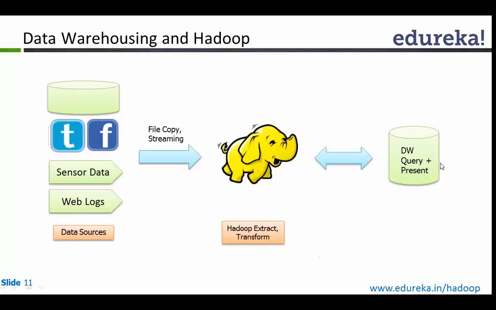You don't need high-end machines or vertically scaled machines. You can use commodity machines to build a huge storage cluster or a huge processing cluster. It is not required that you always go for high-end machines in your cluster.